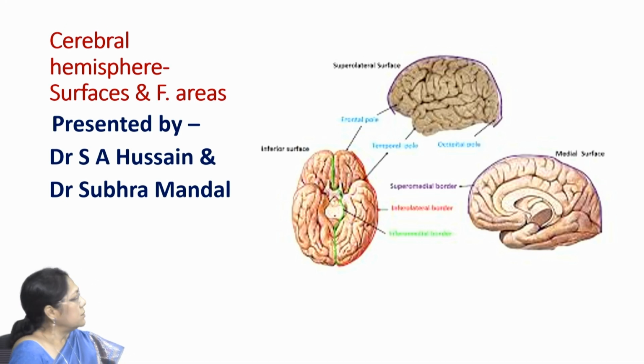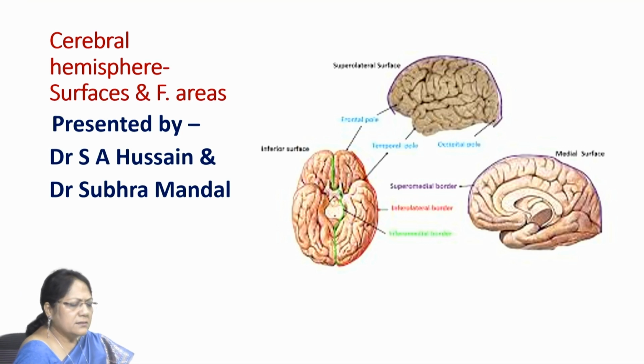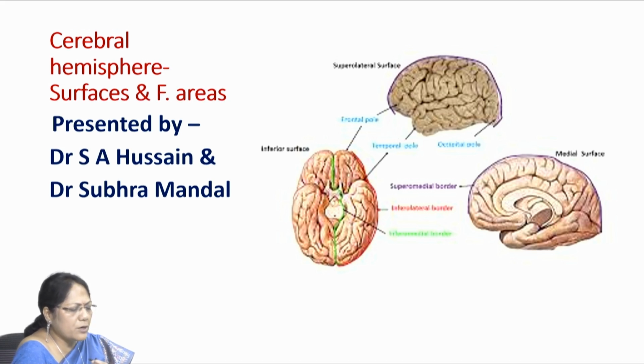In this picture of the cerebral hemisphere, this surface is the superolateral surface, separated by the superomedial border from the medial surface. If we look at the inferior or ventral surface of the brain, it is divided into two areas.